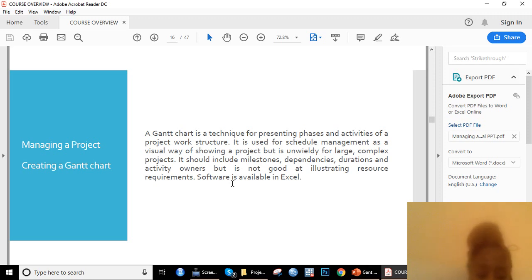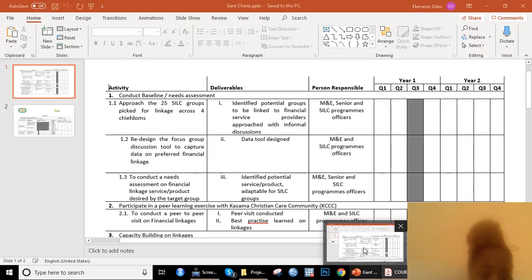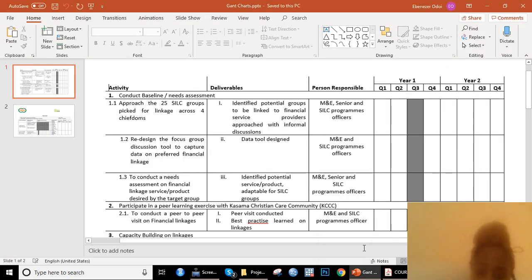So now Gantt charts may vary in the way they are drawn, because it may require you to show other things. For instance, dependencies. It may require you to show budget elements, maybe the cost of a certain activity, or the person who is responsible for achieving a certain activity.